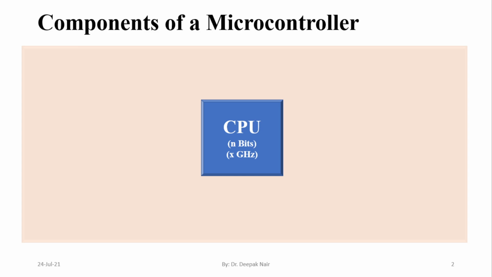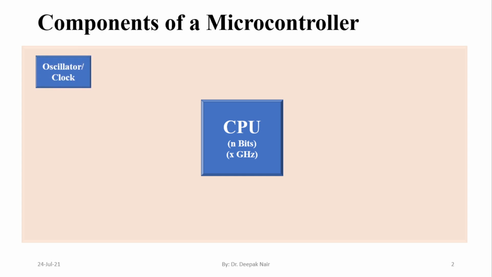CPU means central processing unit, and the most important parameters of a CPU are the number of bits and the frequency at which the CPU will work. The frequency will decide how fast the CPU is and how fast the programs will be executed in the microcontroller.